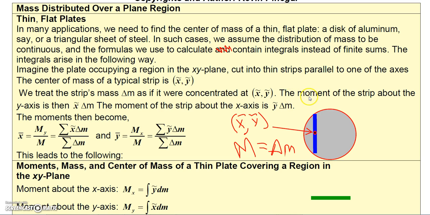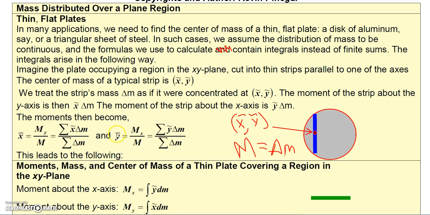Then the moment of the strip about the y-axis would be x tilde times delta m, and the moment of the strip about the x-axis would be y tilde times delta m. If we wanted to find the x value of the center of mass, we would calculate the moment about the y-axis divided by the mass. So we would sum all of the x tilde times the delta m's and then divide by the sum of the delta m's.